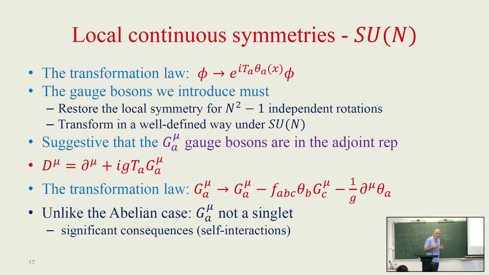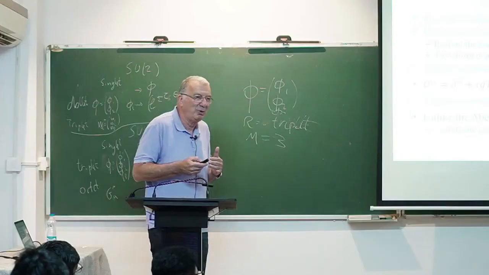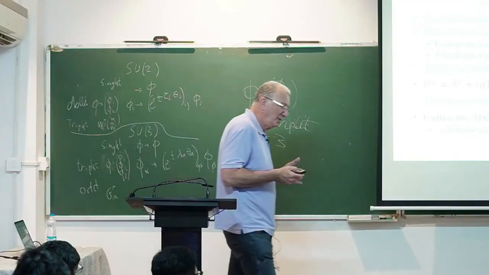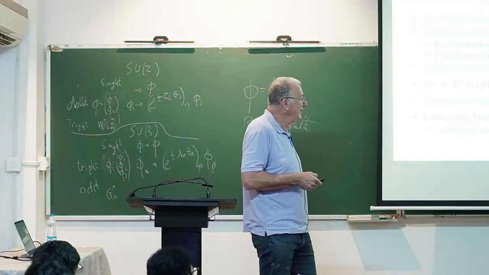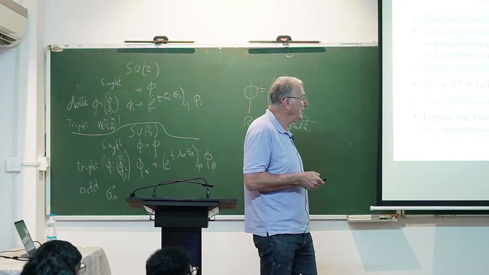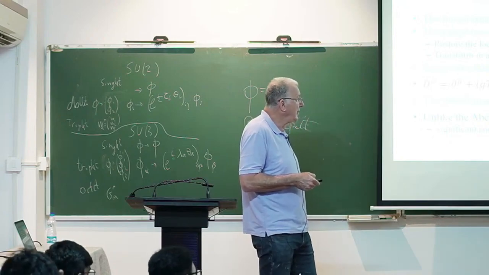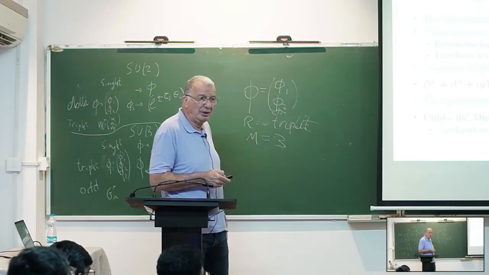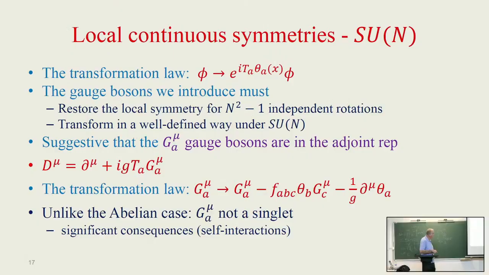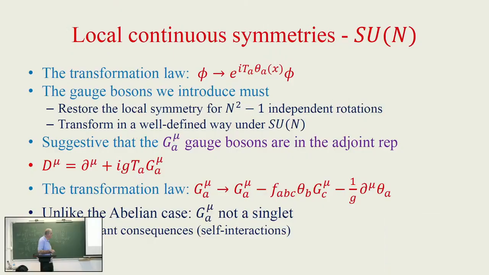You see it when you put theta A to a constant. You see the transformation property when you put these thetas here to the global case, as constant in spacetime. While G mu A does transform also in the global case. It has this additional term. It does not go to itself.